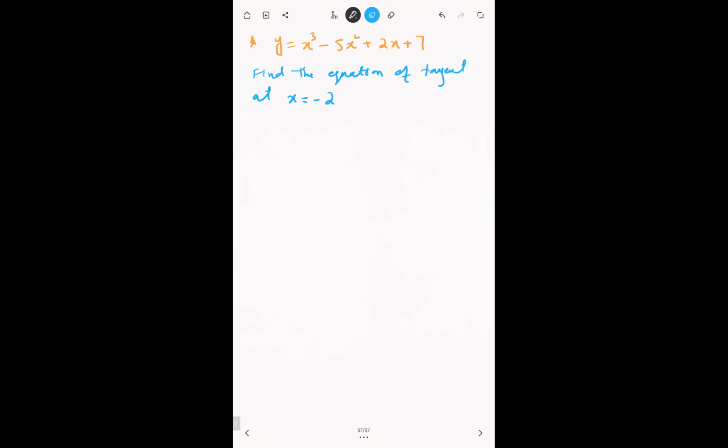So you want to find the equation of tangent at x is equal to minus 2. So equation of tangent means you need gradient and a point. Which to find first, point or gradient, it's up to you.